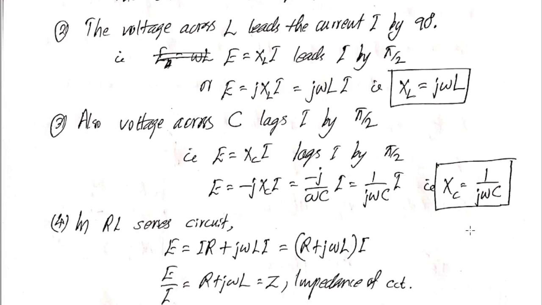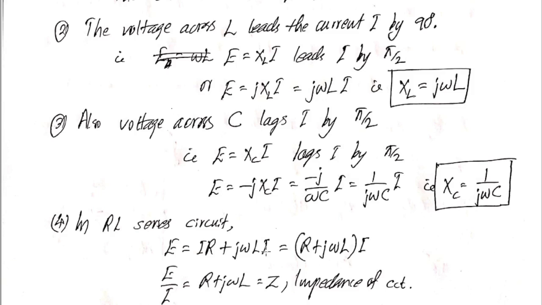Now in an RL series circuit, current I is the same through R and L, but the voltage across L plus voltage across R is added to get the total voltage. So the total voltage E is equal to IR plus j omega L into I, because here j will be there as this voltage leads the voltage across the resistance by an angle of pi by 2.